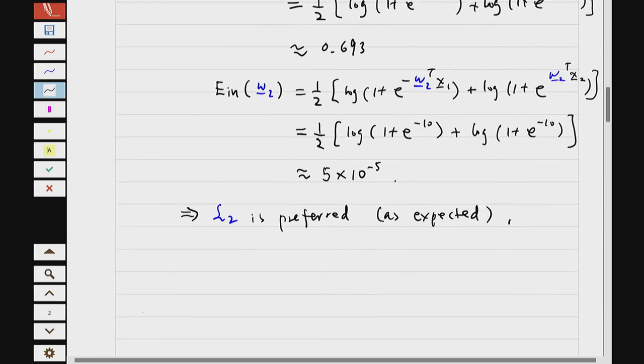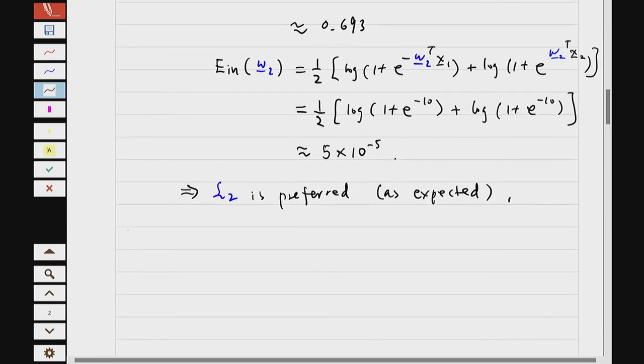The reason this is very hard to interpret is the next thing that's a bit surprising. Suppose we consider another line, W2. You can call it W3, but I'll call it W2. How about this line?